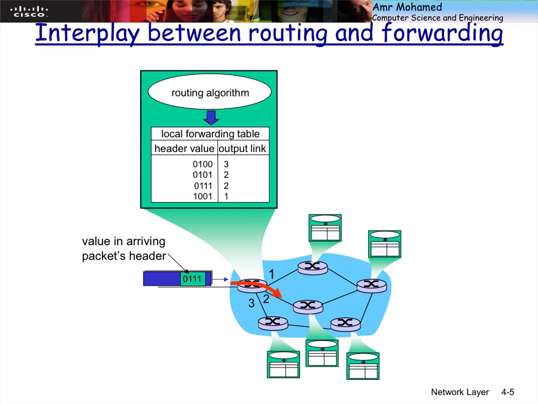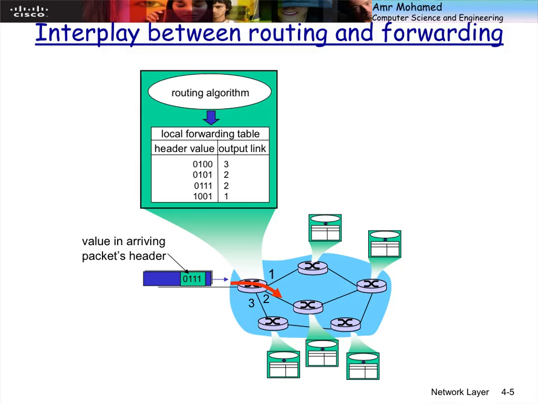Based on running this planning process, they allow these routers to fill their routing tables. These routing tables are later used by the routers to perform what we call local packet forwarding.